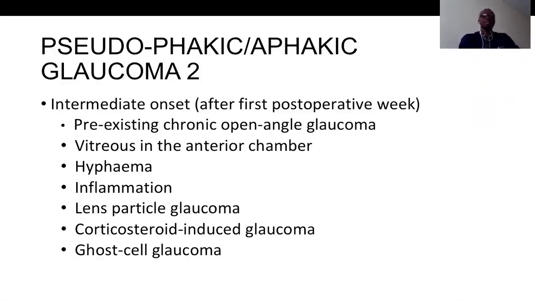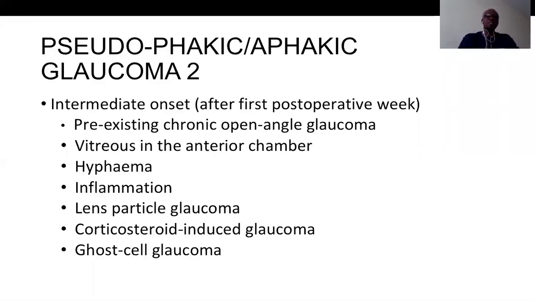In this kind of case, there may be spontaneous relief because vitreous is expected to retract post-op. But in some cases where retraction does not occur or the IOP is still high, there may be a need to actually do vitrectomy to have relief.